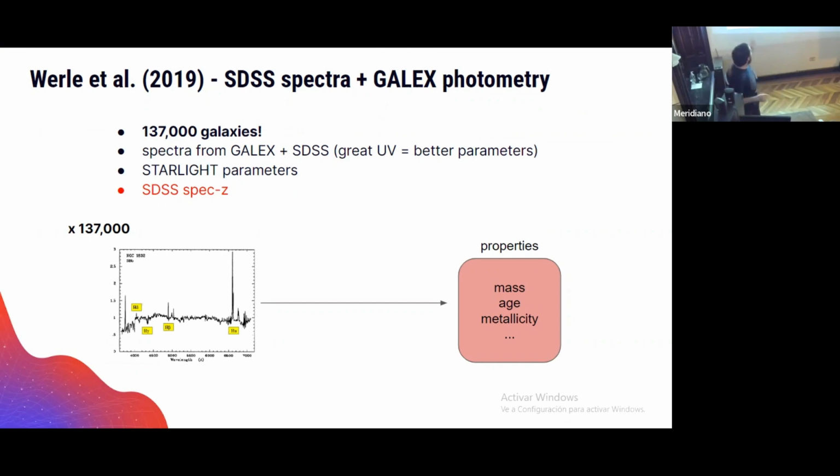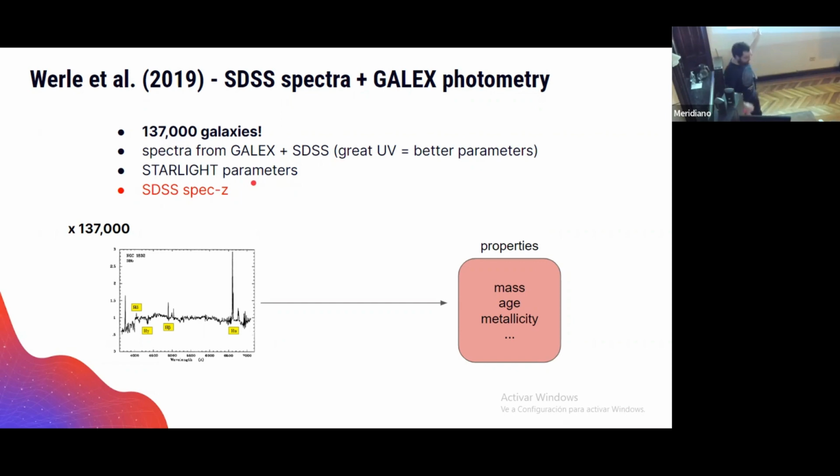They did it for 137,000 galaxies. This made the UV emission much better, and this makes the parameter estimation much better as well. And so they managed to apply the STARLIGHT SD15 code to these spectra.